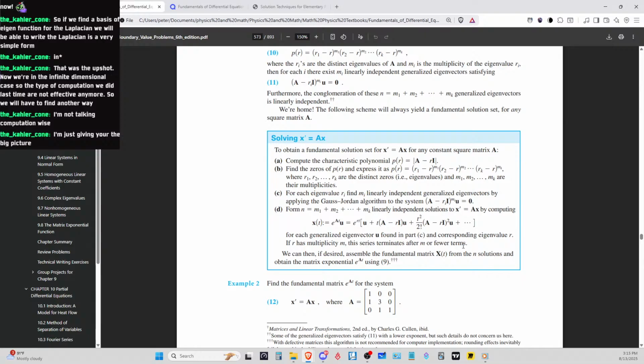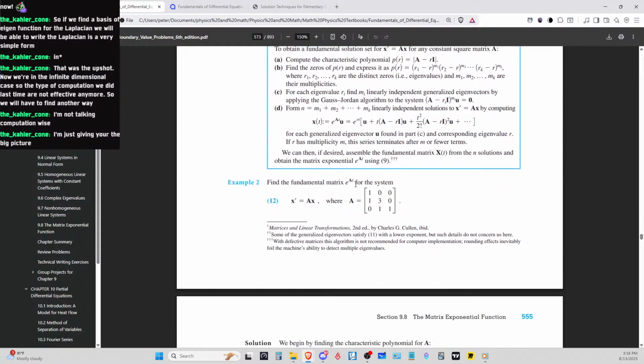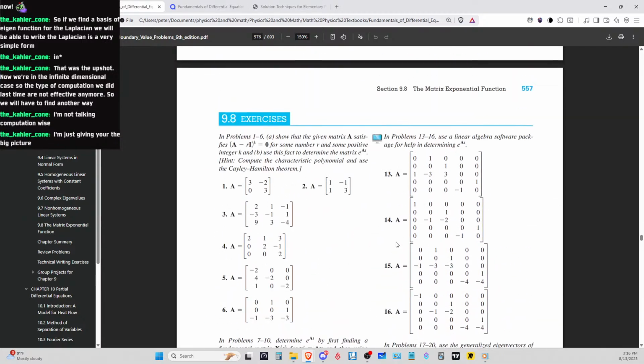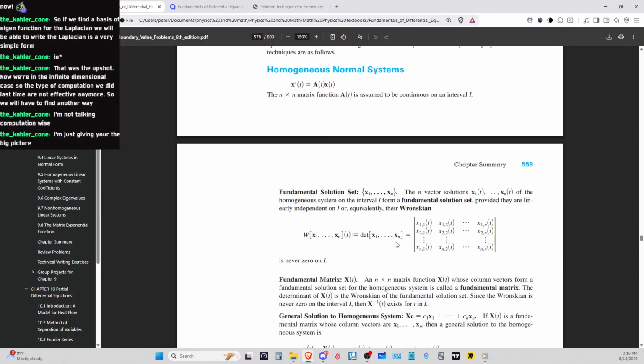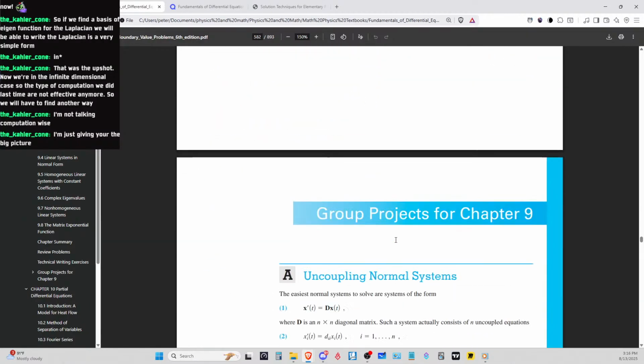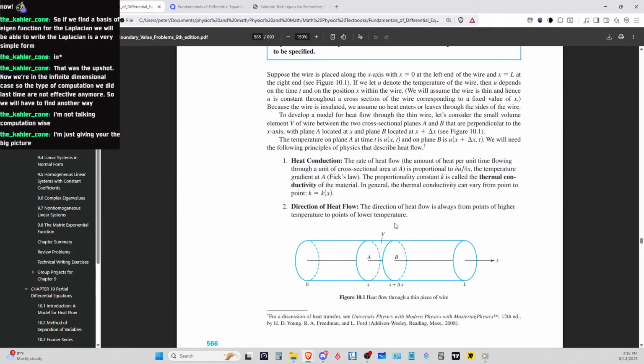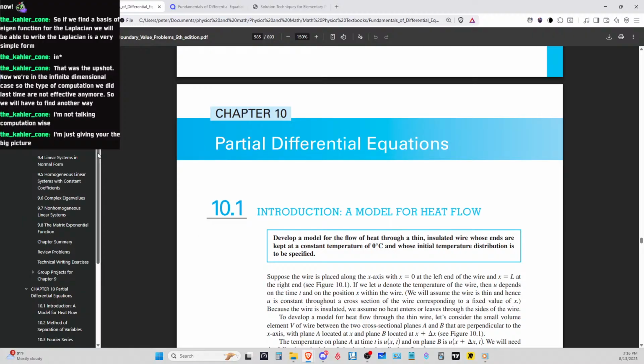To obtain the fundamental solution for any constant square matrix A... So all this goes into the partial differential equations course.